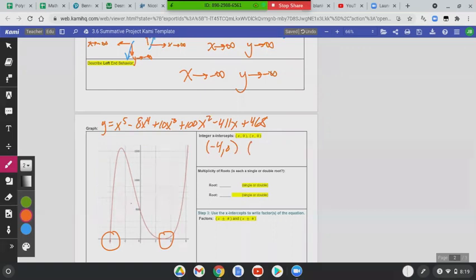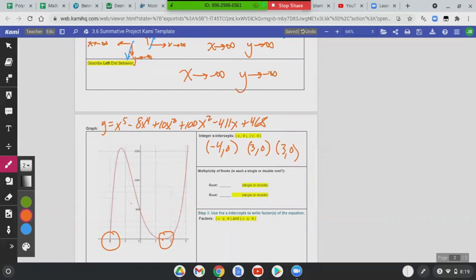I also have an x-intercept at the point 3, 0. Now, if we recall what we talked about the other day, it comes down, it touches the x-axis, and then it changes directions right away. It bounces, okay? So that means it has a multiplicity of 2 or a double root. So it actually occurs twice.